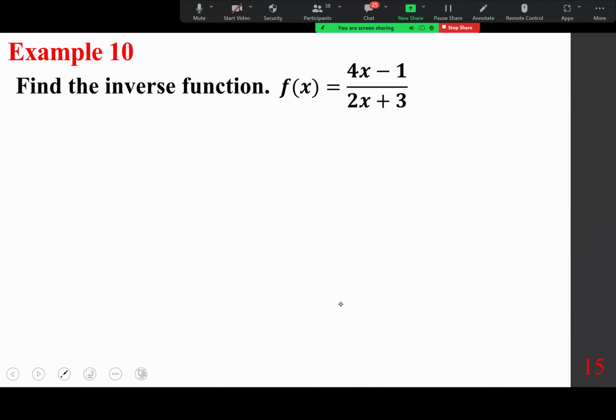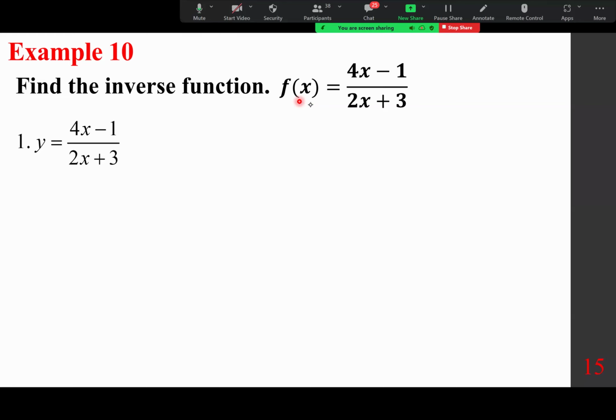Find the inverse function where f of x is given as 4x minus 1 over 2x plus 3. So how do we find inverse functions? Number one, we change f of x to y because it makes it easier to work with. Again, this is one method. There's a slightly different method also, but this is just as good.